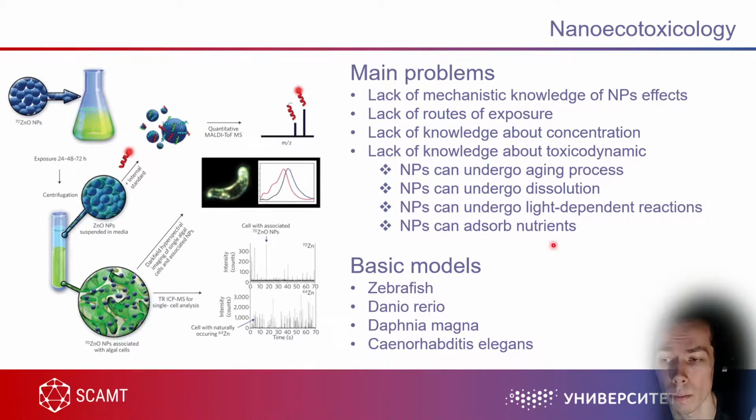So nanoparticles can absorb nutrients on their surface or inside, and this also can affect the viability of living organisms. And there's also a question, what is the concentration of nanoparticles in this water, for example? What methods do you need to use to assess this? What are the routes of exposure of this living organism to these nanoparticles? And there are a lot of questions.